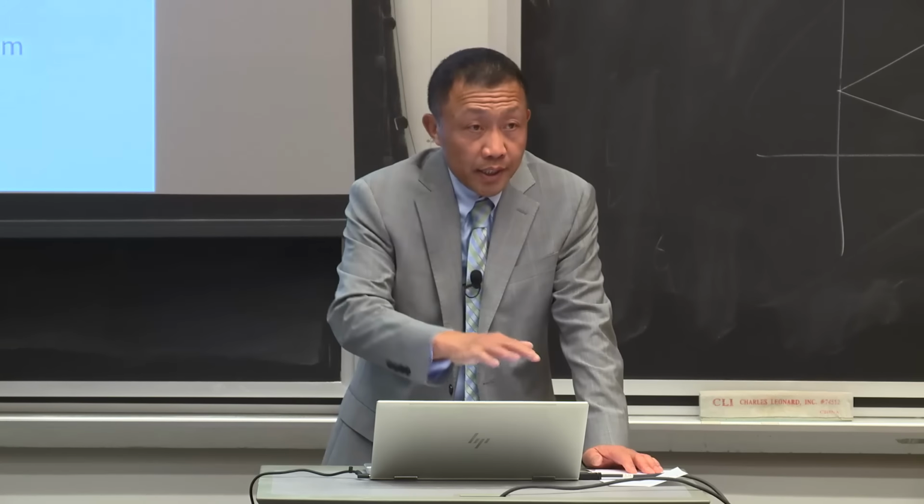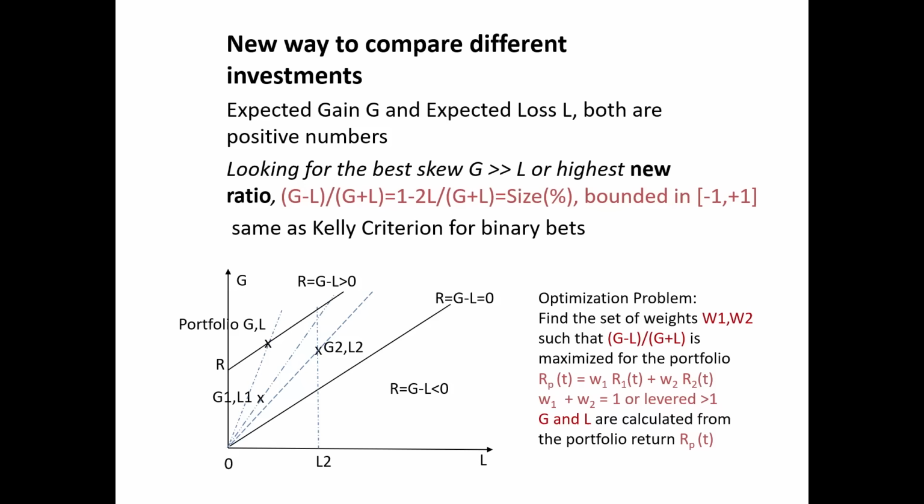So when you do this, your optimization problem is no longer return versus volatility. On the vertical axis is gain, and on the horizontal axis is L, the loss.